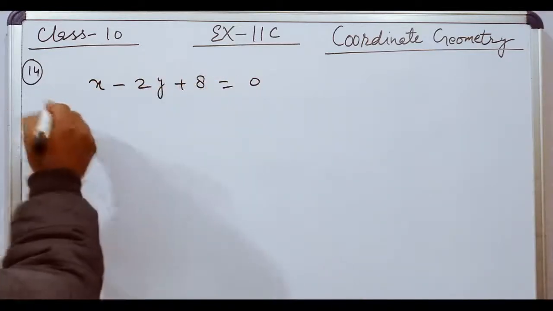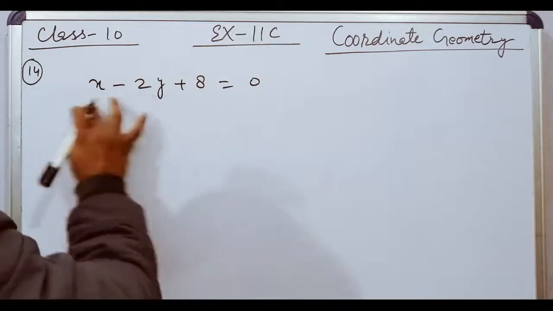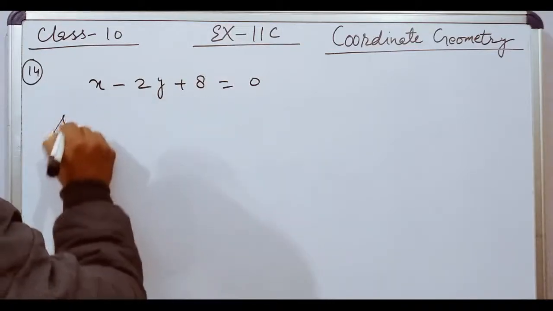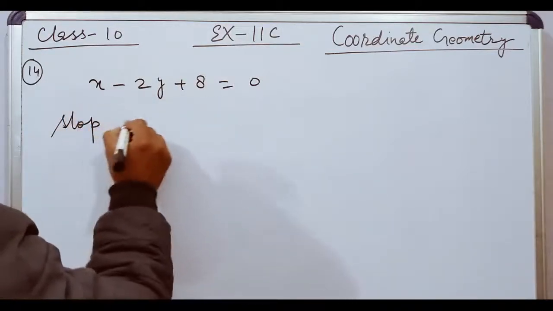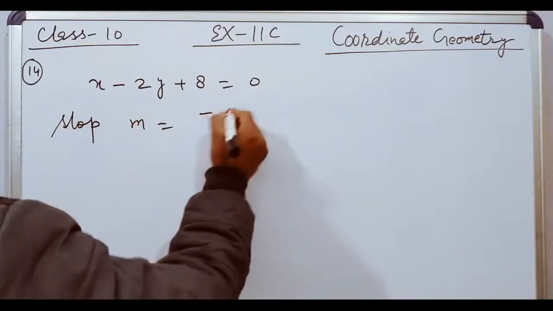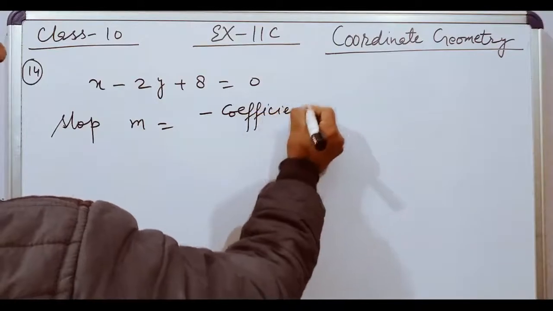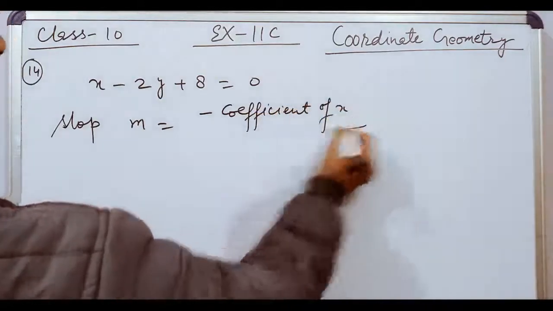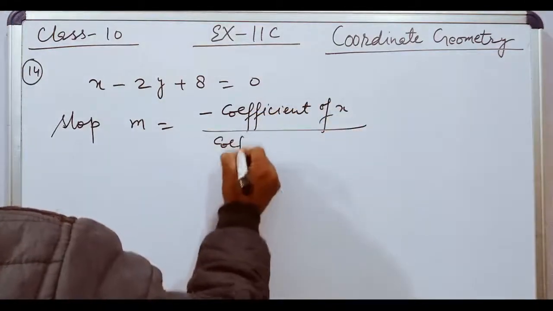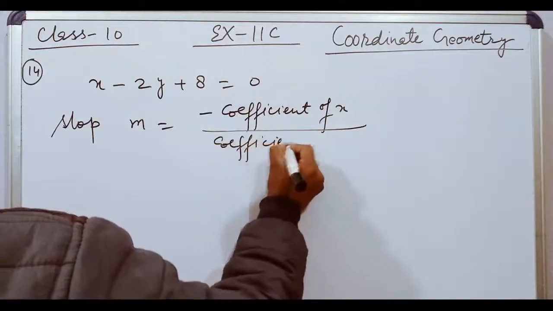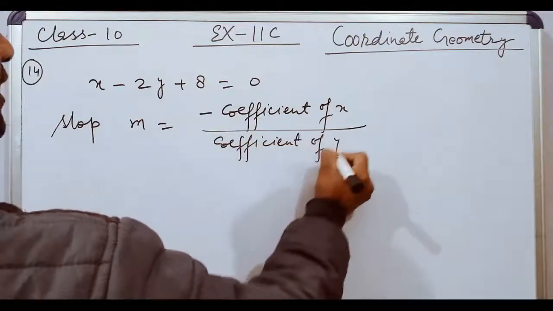So dear students, we have to find the slope of this line. Slope m equal to minus coefficient of x upon coefficient of y.